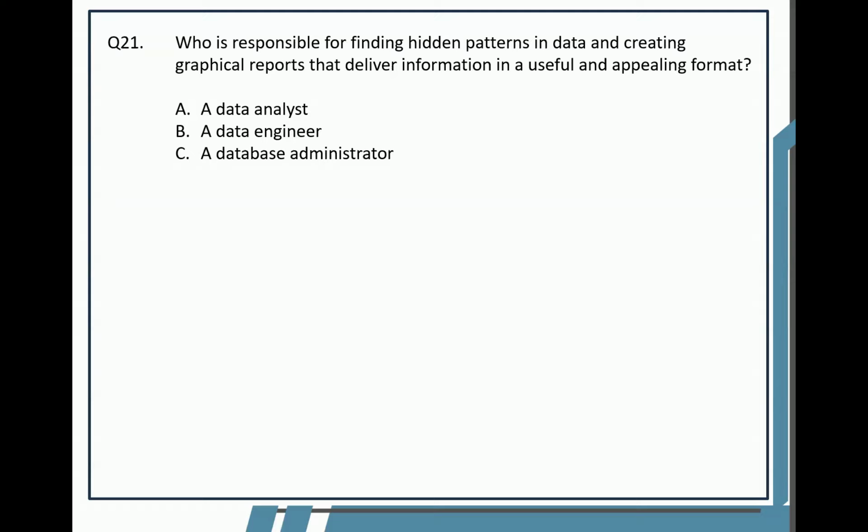They use tools like Power BI, Excel, Tableau, and create dashboards, charts, and reports. A data engineer builds and maintains data pipelines while focusing on data ingestion, transformation, and storage. A database administrator manages database security, performance, and backups.